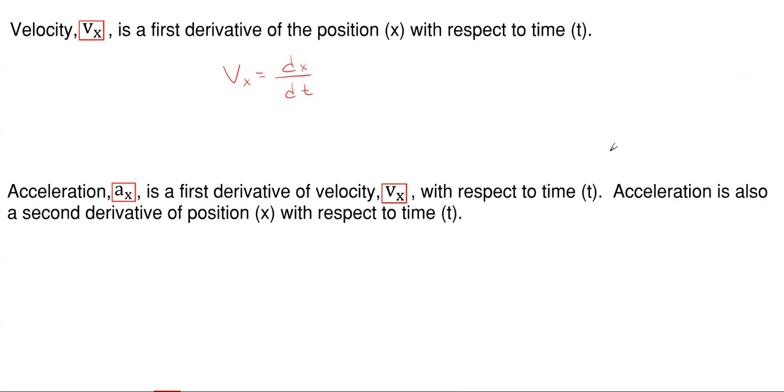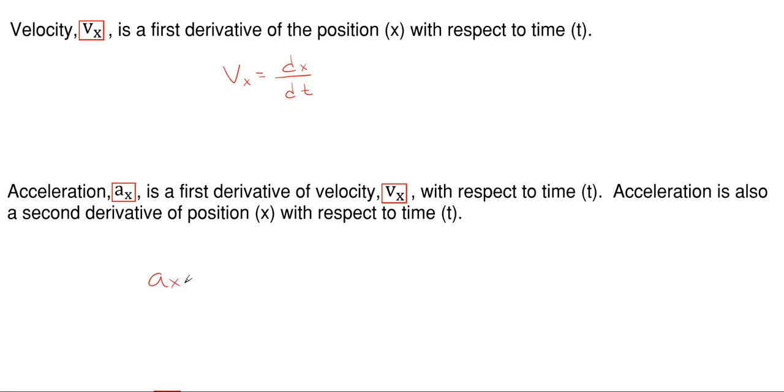All righty, scooting on down here, acceleration. Acceleration will be abbreviated as a sub x, and that is the first derivative of your velocity with respect to time t. Acceleration is also the second derivative of your position x with respect to time t, because velocity is the first derivative, and then you're taking another derivative of your velocity, thus it will be the second derivative.